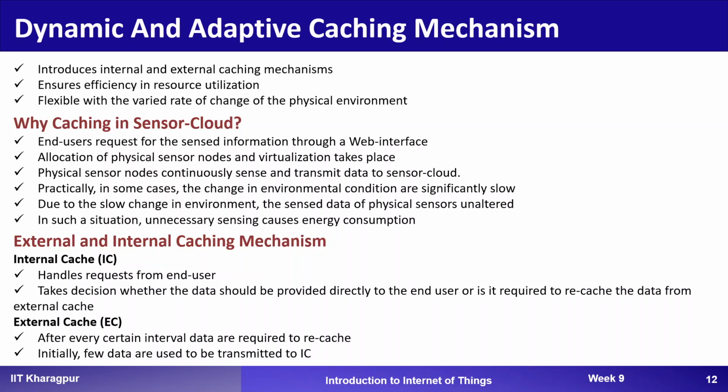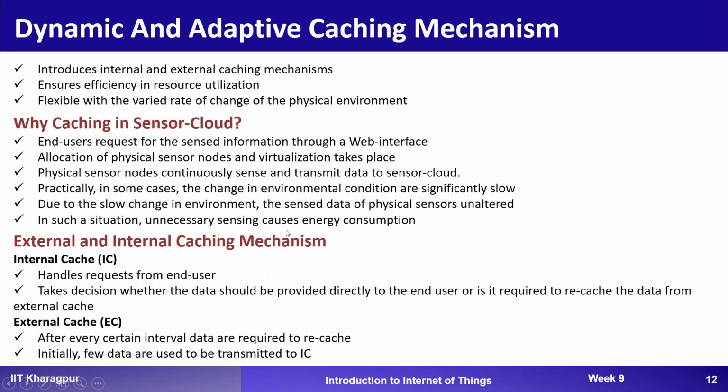After a regular interval of time, or on the request of the user, we can fetch data from the sensors. This will prevent the wastage of resources, such as the bandwidth required to fetch the data from the sensors, or the power of the sensors. So different kinds of resources can be prevented from being wasted. Now the next topic is the external and internal caching mechanism.